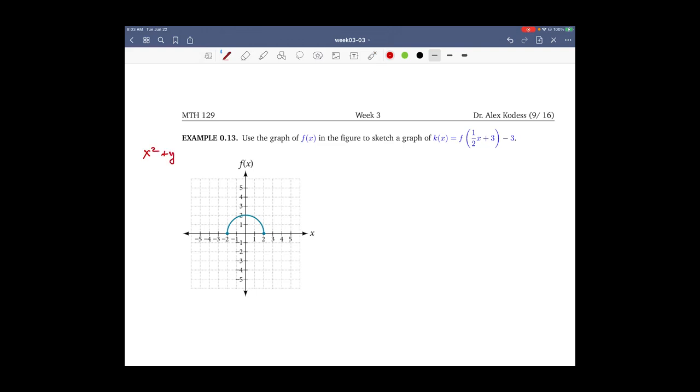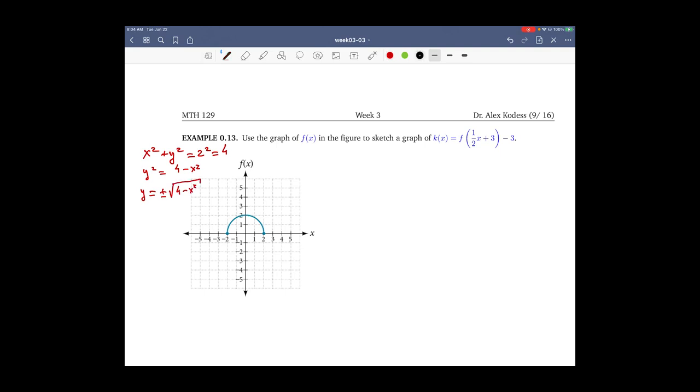The equation of the circle of radius 2 centered at the origin is x squared plus y squared equals 4. So from here, solving for y, you get y squared equals 4 minus x squared, and y is therefore plus minus root 4 minus x squared.